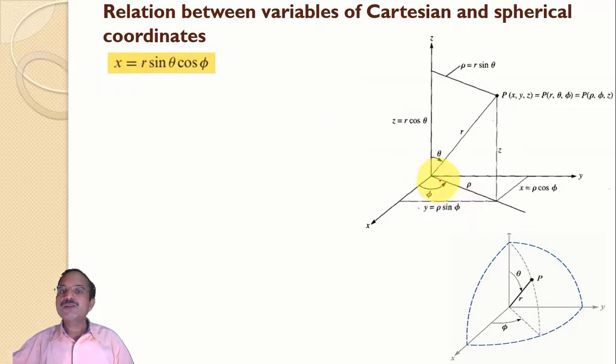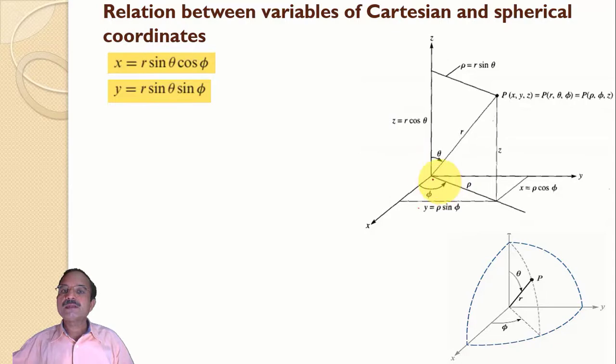Similarly, the projection of rho on the y axis is rho sin phi, and rho is equal to r sin theta. So if I substitute here, it gives me y equal to r sin theta sin phi.